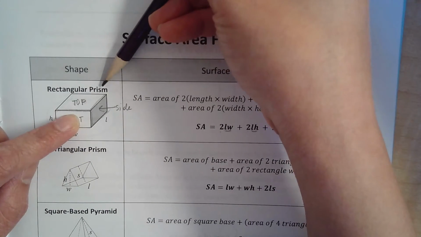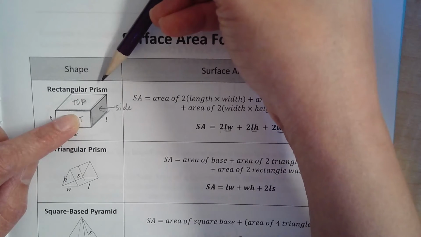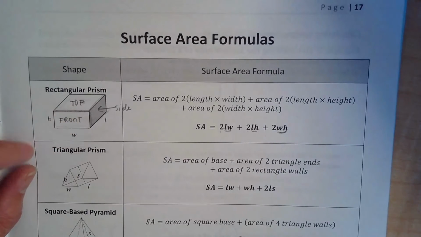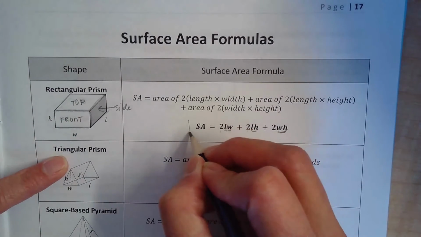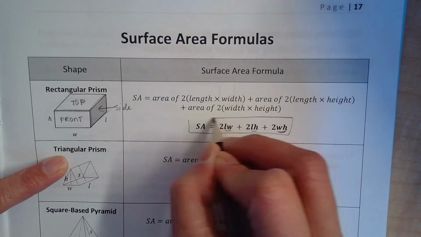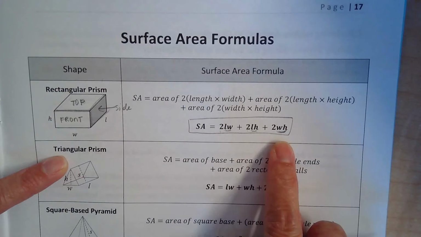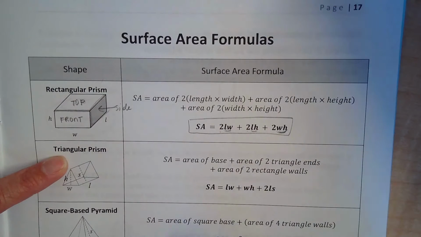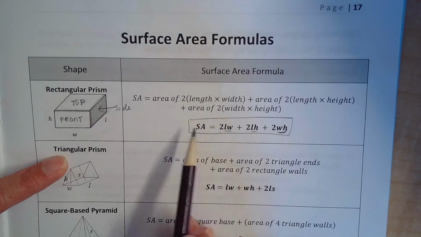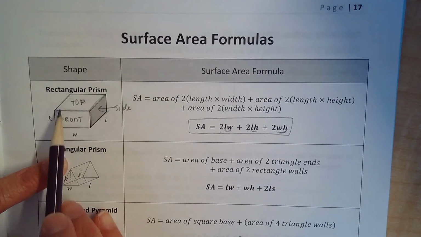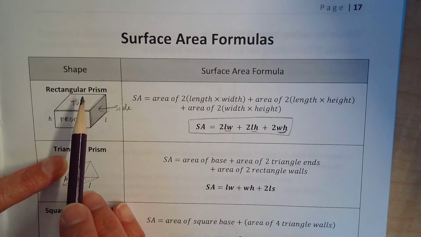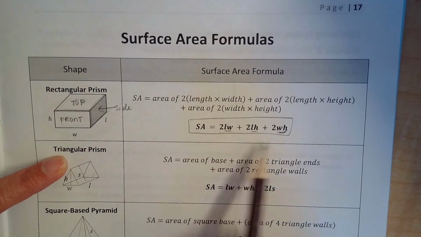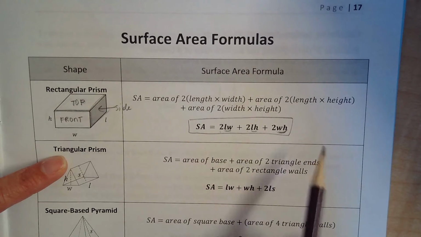We can't see the back right now, but it's right there at the back. They're exactly the same area. So here is the complete surface area of a rectangular prism. So what shape do I need? Rectangular prism. To figure out the surface area, we're using a recipe, or formula.